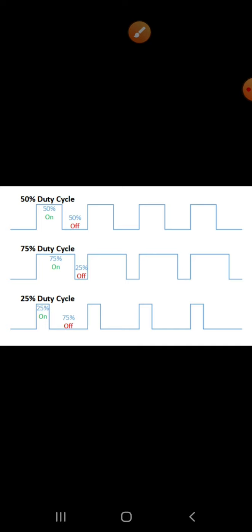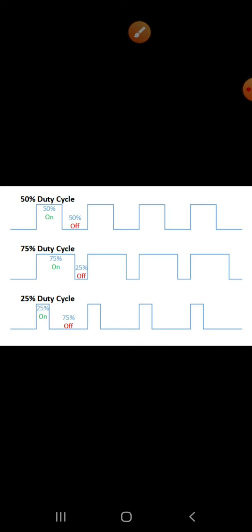I have shown the 50% duty cycle, 75% duty cycle, and 25% duty cycle. When I consider the 50% duty cycle, 50% of the time is off and 50% is on, so I say the duty cycle is 50%.